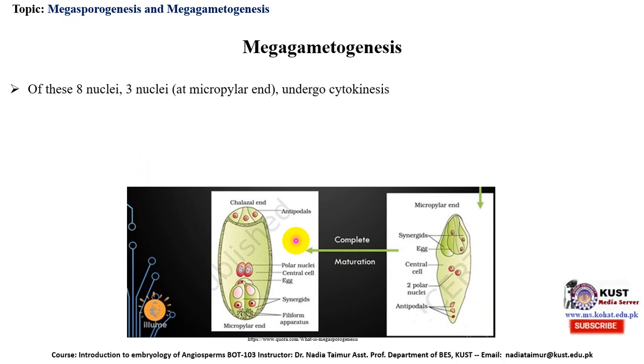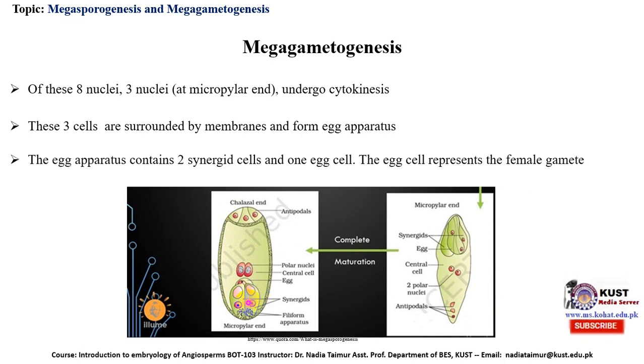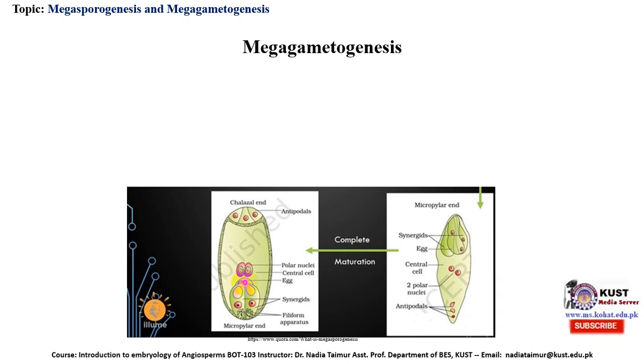These 8 nuclei then arrange in the embryo sac. Of these 8 nuclei, 3 nuclei at the micropylar end undergo cytokinesis. These 3 cells get surrounded by plasma membrane and now form the egg apparatus. So the egg apparatus contains 2 synergid cells, 1 egg cell, and this egg cell actually represents the female gamete.